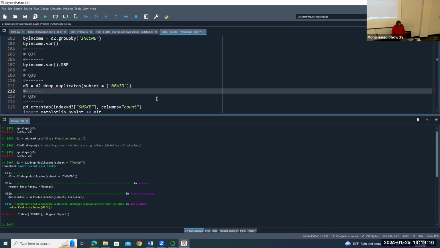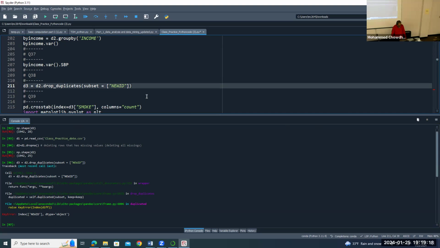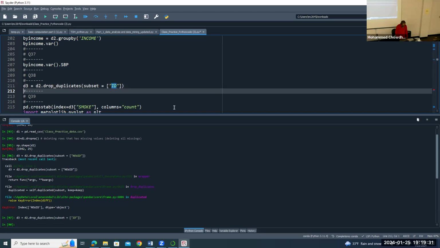Uh-oh, new ID is not in there. Okay, so let me do another way then, because I did not write the new ID one. I just want to have the ID. I just do these things.